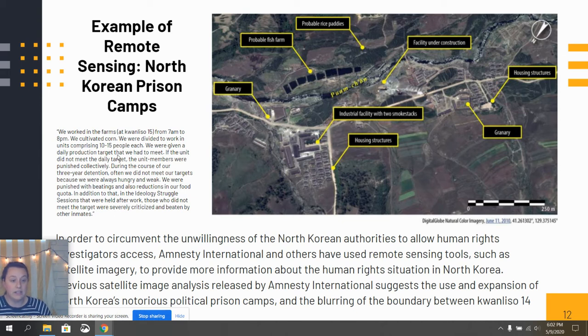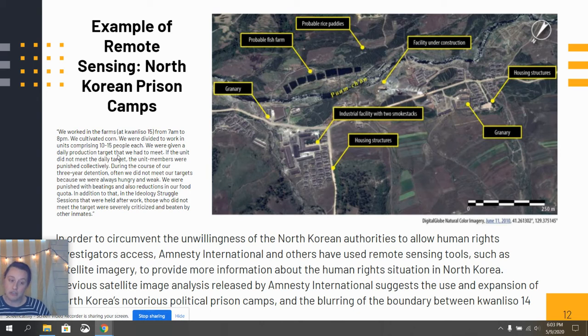During the course of our 3-year detention, often we did not meet our targets because we were always hungry and weak. We were punished with beatings and also reductions in our food quota. In addition to that, in the ideology struggle sessions that were held after work, those who did not meet the target were severely criticized and beaten by other inmates."